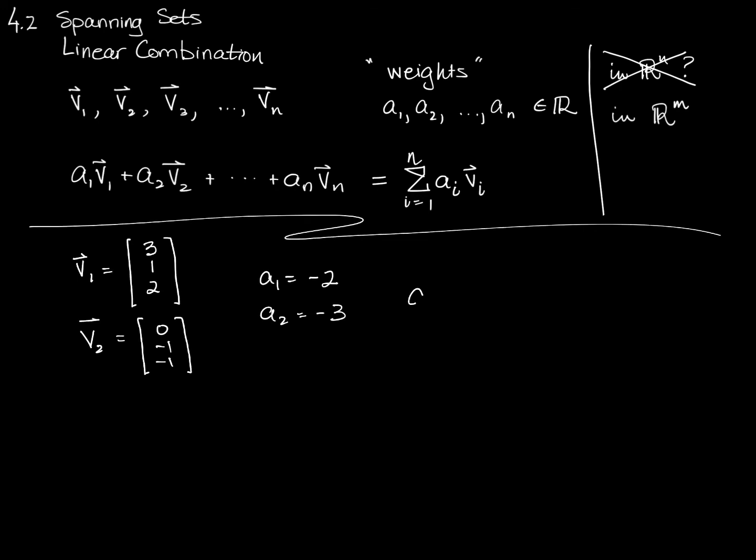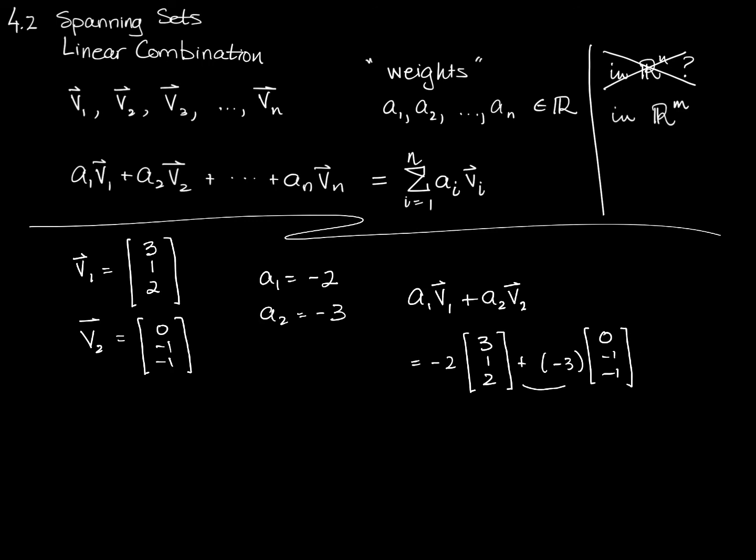I want to take a look at what vector is formed by the linear combination of a1 v1 and a2 v2. The answer is simply -2 times the vector v1, which is 3, 1, 2, plus -3 times the vector v2, which is 0, -1, -1.